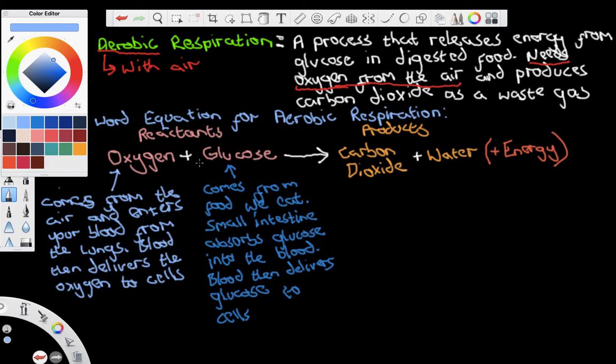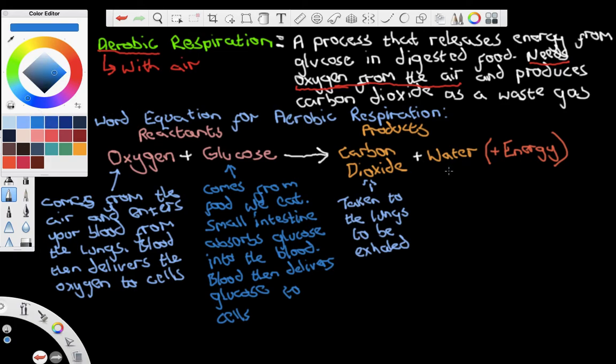We exhale it. So taken to the lungs to be exhaled. The word exhaled means to breathe out. So when you breathe out, you get rid of this carbon dioxide.